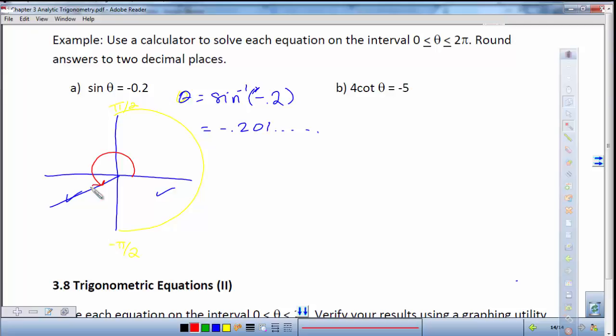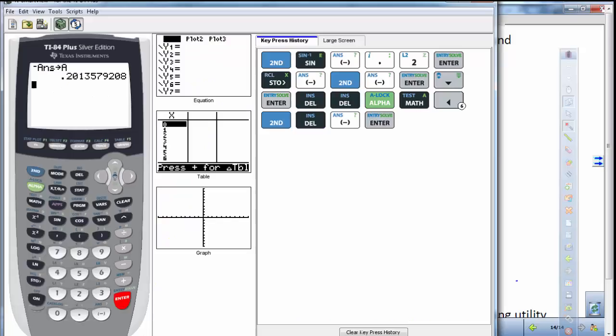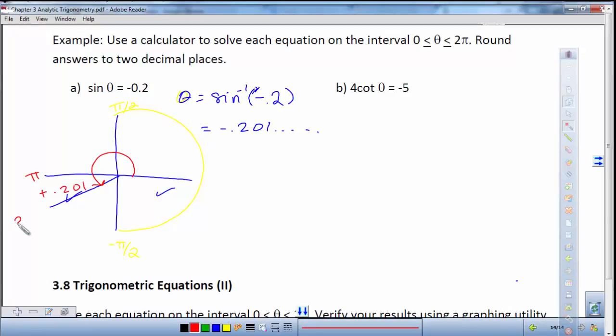Here's my reference angle that I got from that answer, so I want to know what my actual angle is. It's going to be pi plus 0.201. On the calculator, I just need to add pi to this one. We get 3.342, 3.343. Everybody okay with that?